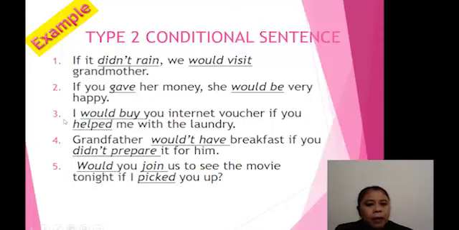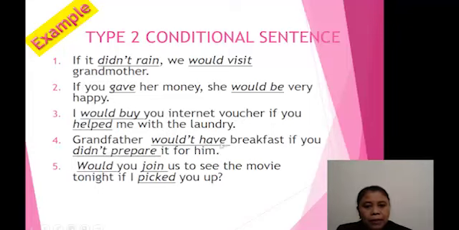The third example, I would buy you an internet voucher if you helped me with the laundry. Would buy and helped. The fourth example, grandfather wouldn't have breakfast if you didn't prepare it for him.